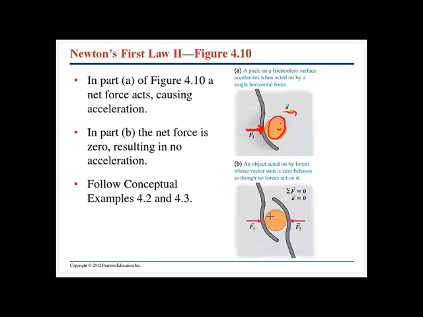Now, if we take my same hockey puck and we have one stick on it applying a force from the left to the right, and then the opponent's stick applying force 2 here from the right directed towards the left, then the sum of forces, also called the net force, is actually going to be equal to 0, and the puck is not going to accelerate. It's going to remain there.